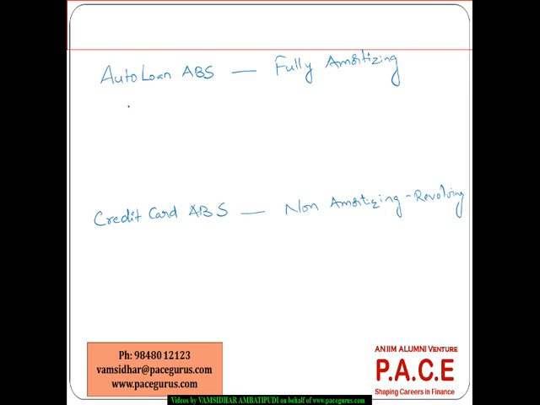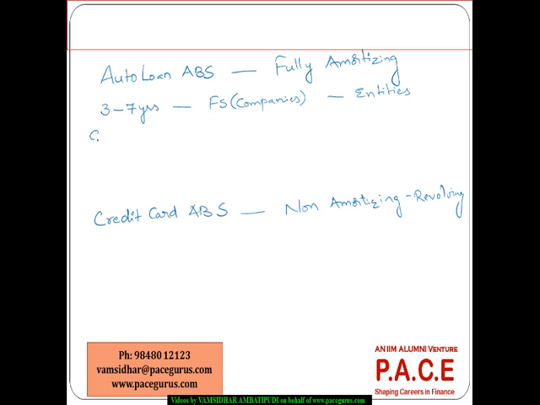Let's look at a few more things. When I look at it from an auto loan perspective, vehicle loans are taken anywhere between 3 to 7 years or 3 to 6 years. And a lot of players give these kinds of loans. It could be the companies themselves which have set up their financial subsidiaries, the financial subsidiaries of the automobile companies, or commercial banks, or any other entities offering automobile loans.